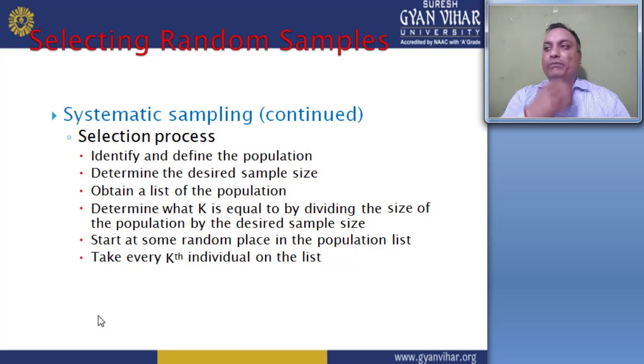I have already given an example of this method. For this method, first calculate a fixed sample interval, right, and choose a random starting point between 1 and the sampling interval, and lastly repeat the sample interval to choose subsequent elements.